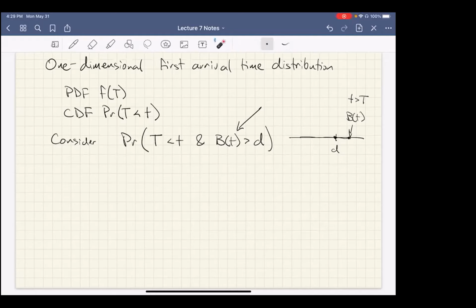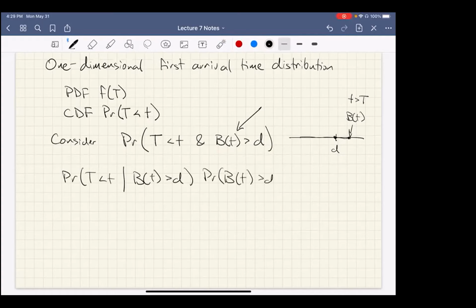By Bayes' rule, I can break this up two ways. I can say the probability that T is less than t, given that B of t is greater than D, times the probability that B of t is greater than D. The other way to do this is the opposite: the probability that B of t is greater than D, given T is less than t, times the probability that T is less than t.